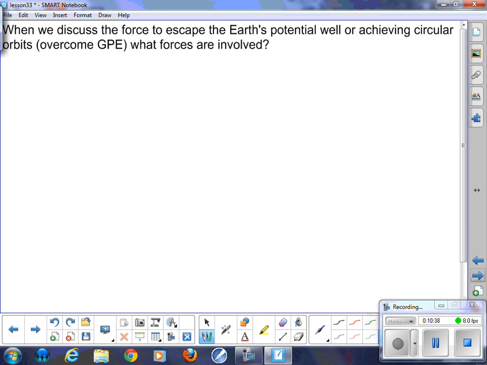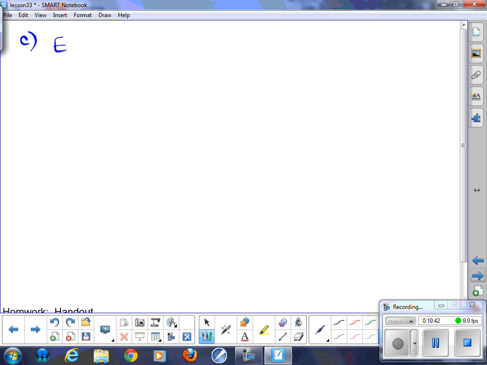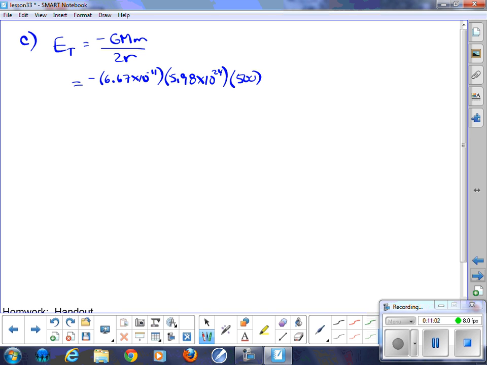All right, so returning back, our total energy is negative GMm over 2R, negative 6.67 times 10 to the negative 11, mass of the Earth 5.98 times 10 to the 24th, 500 kilogram rocket, and we're going to divide that by, in this case, the radius of the Earth, 6.38 times 10 to the 6th.